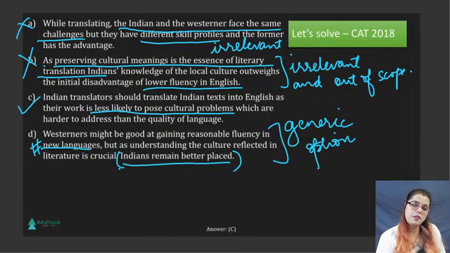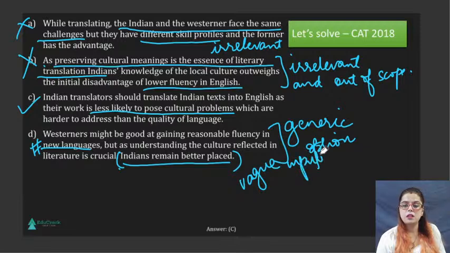If we talk specifically about Indian culture, then Indians remaining better placed makes sense. But if we are talking about some other culture, then this makes no sense, right? So this is a generic option with vague inputs, so we will eliminate option D and go with option C as the correct answer.